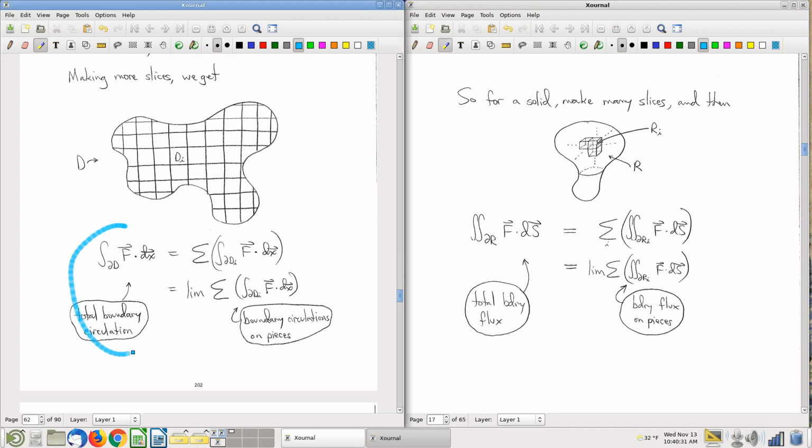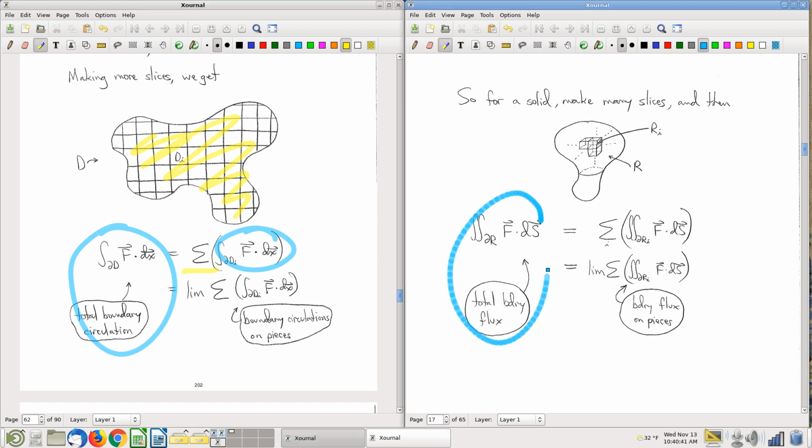So here we were looking at circulation. Circulation becomes a sum of little circulations adding up over the interior. Likewise, here, now we're not looking at circulation, we're looking at flux. That becomes a summation of other fluxes, all the little fluxes adding up over the interior. Analogy, again, super strong.